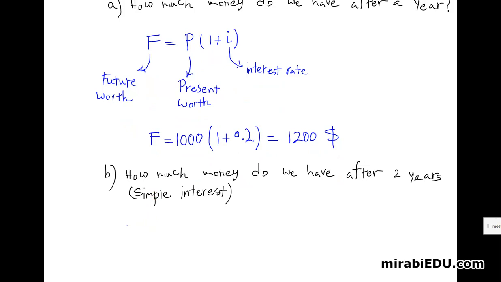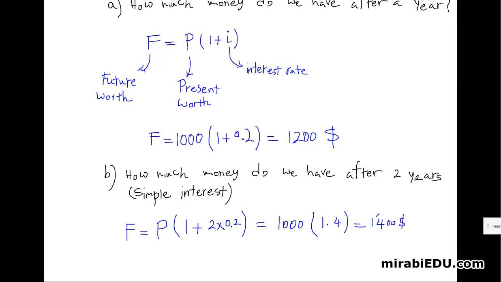The simple interest formula simply says, this is the present value, and then 1 plus how many years have passed. Because 2 years have passed, it is 2 times 0.2, which means 1,000 times 1.4, you will have $1,400.